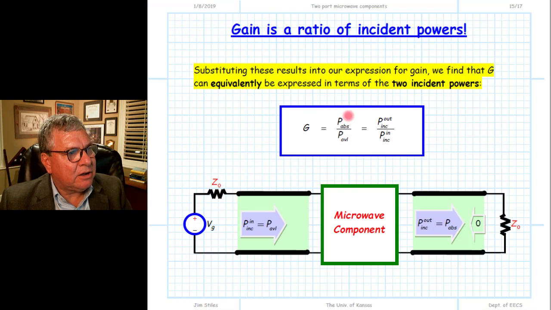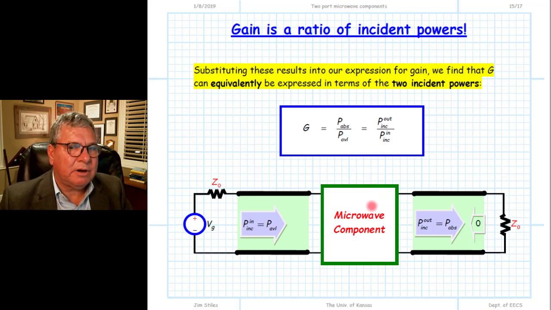So we take our gain equation, the ratio of the power absorbed by our matched load to the power available from our matched source, and since we've gone through and talked about the available power in terms of the incident power on the input port here, and the absorbed power in terms of the incident power on the load here, we can insert those results and also write the gain of our microwave component in this form.